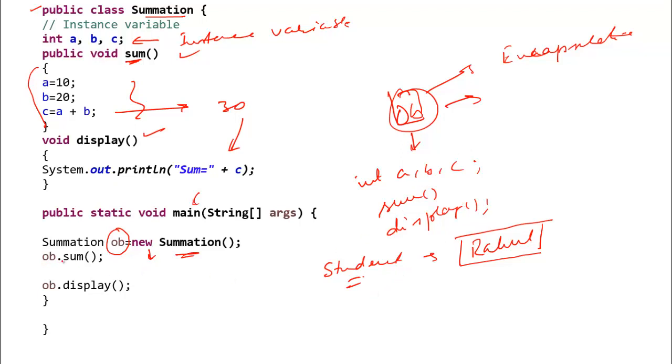Now I'll call the method ob.sum. The method is called with the help of the ob object. When I call sum, we don't see anything inside it. We created this method, but like when you use println, you don't know what is written inside it.